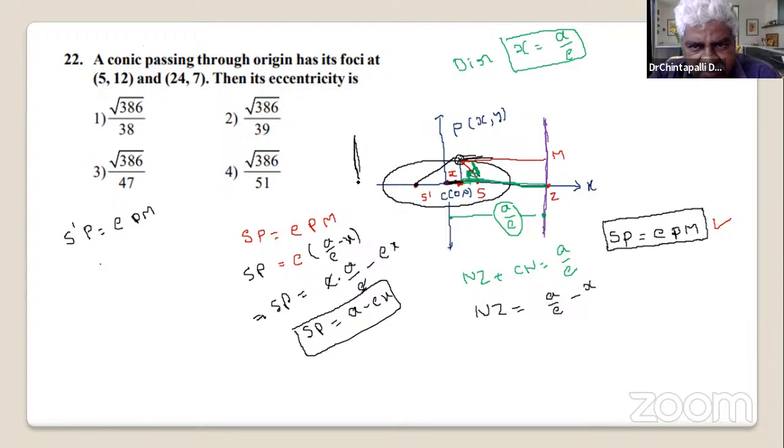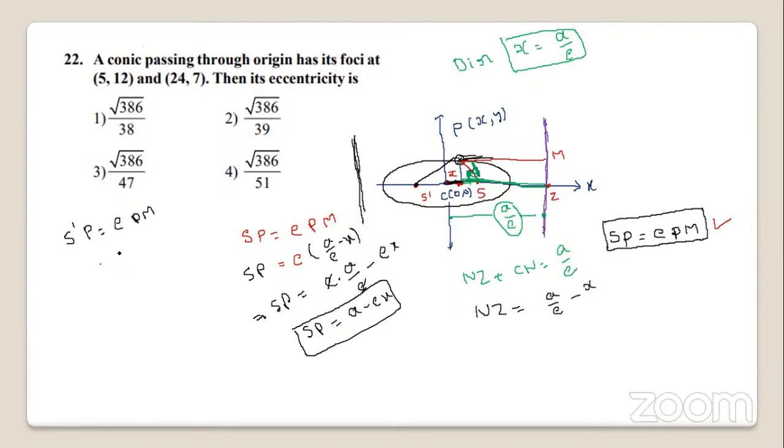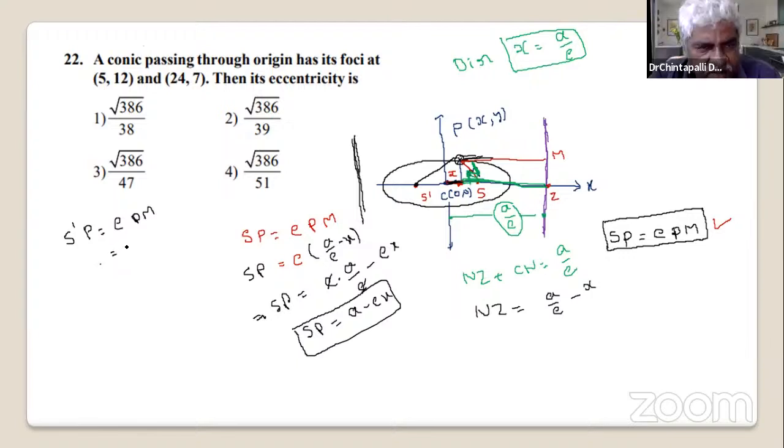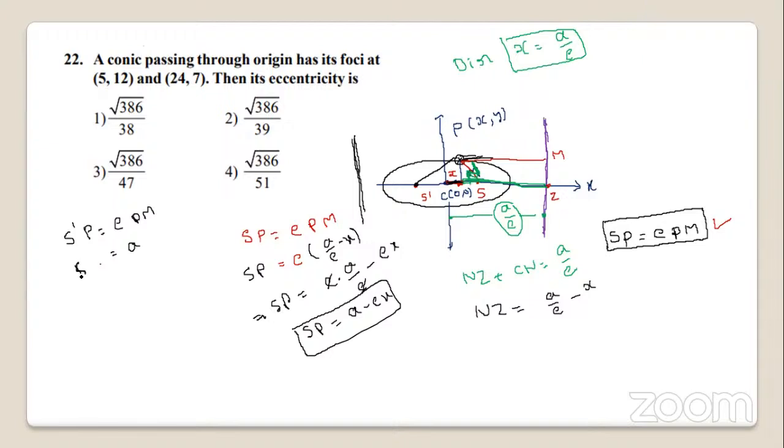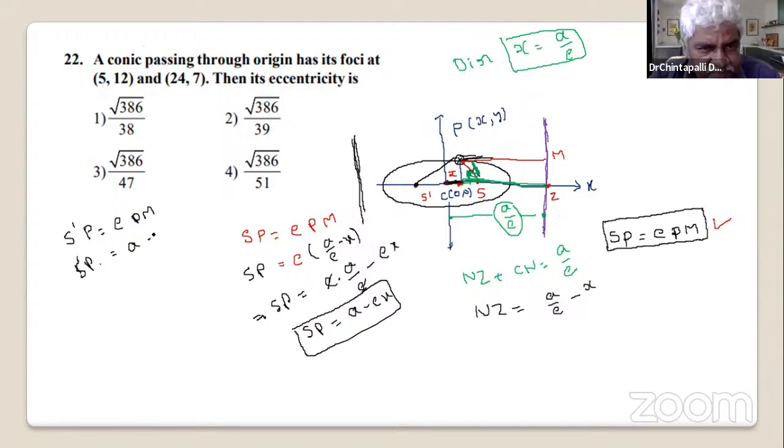This is the directrix, right? Now if we complete this, it will be A plus EX.